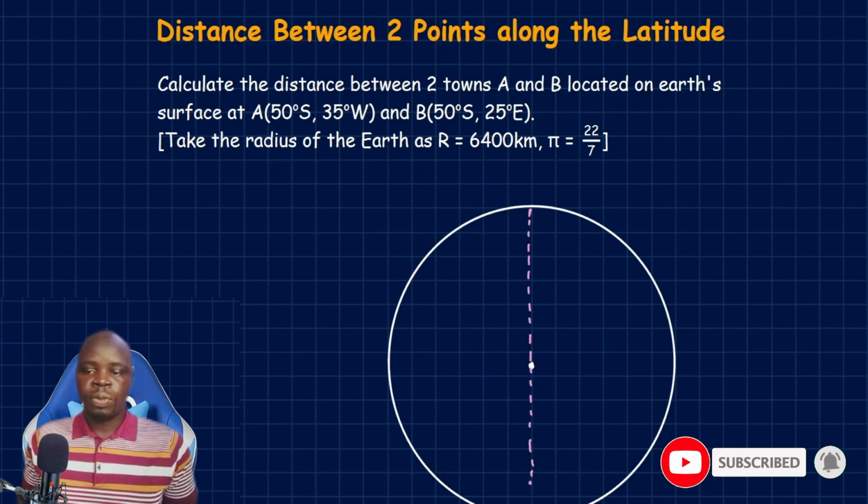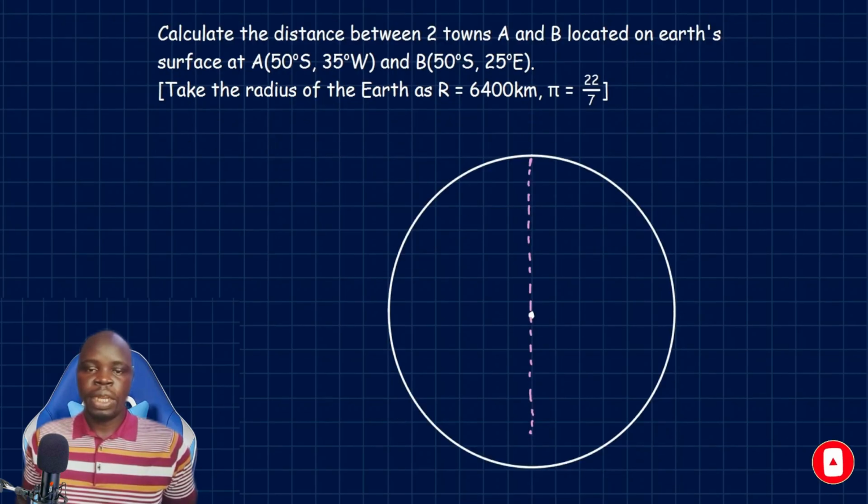Maybe let's get more space here for our diagram to be clear. Here we have the southern hemisphere with S, and north along this. We can locate the first point here, 50 degrees south, and 50 degrees south will be somewhere here.